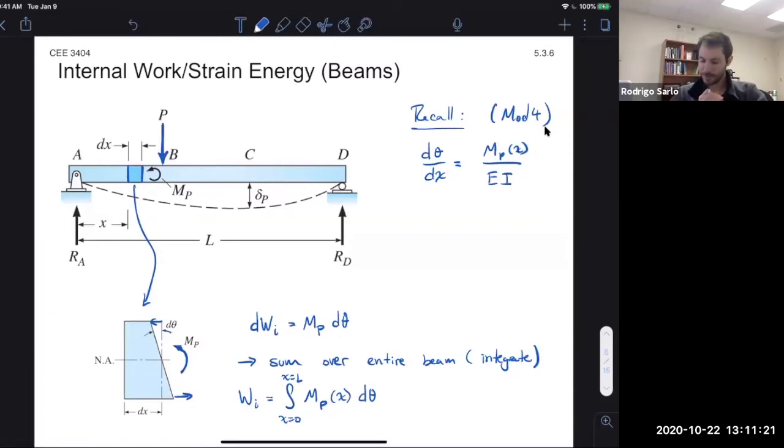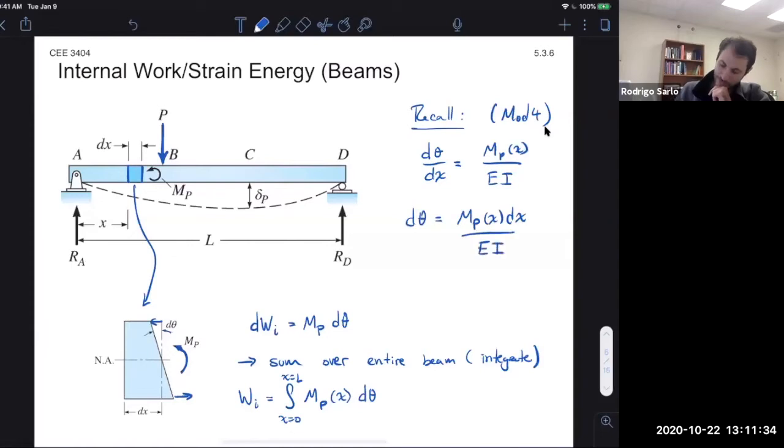Okay, so that's a fundamental relationship, and all I need to do is change this around so I can get it in terms of d theta.